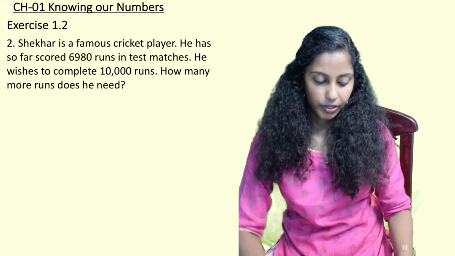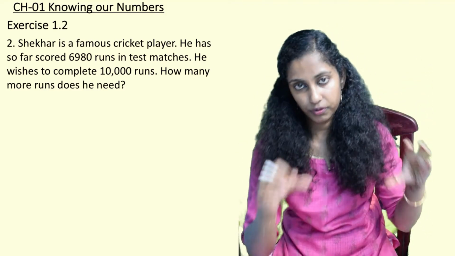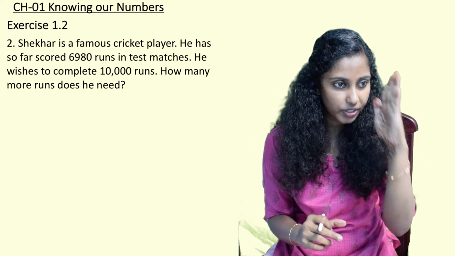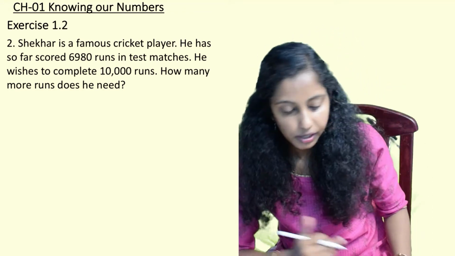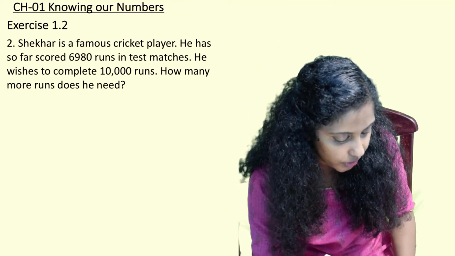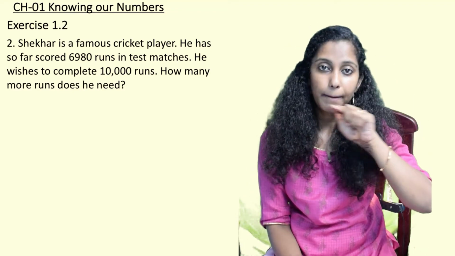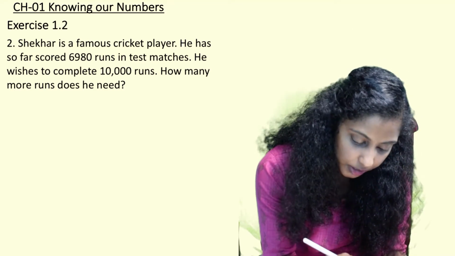So here, one thing he has already achieved, other is what he wants to achieve. So we have to find out the difference, means how far he has to go from this place to this place. So this middle distance we have to find out by subtracting. So hence we are going to subtract here. So in subtraction always we write the bigger number on top minus the smaller number at the bottom. So here the bigger number is 10,000.